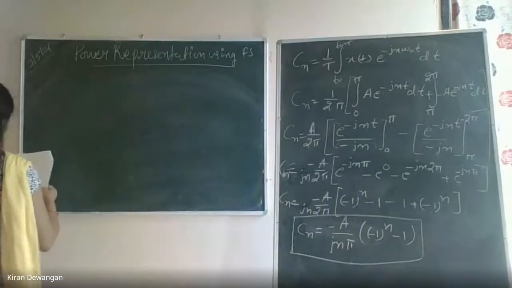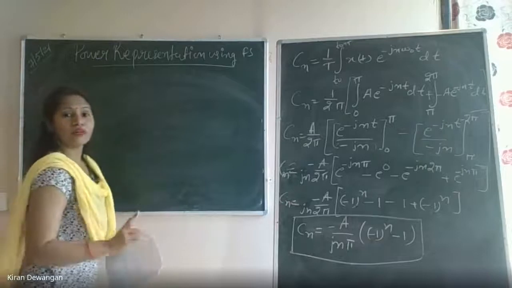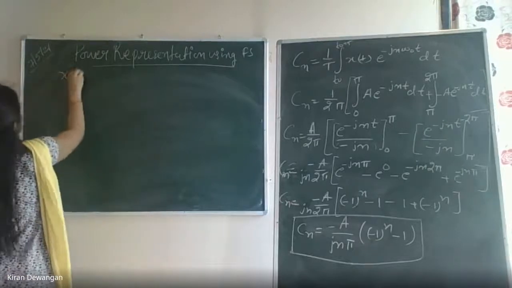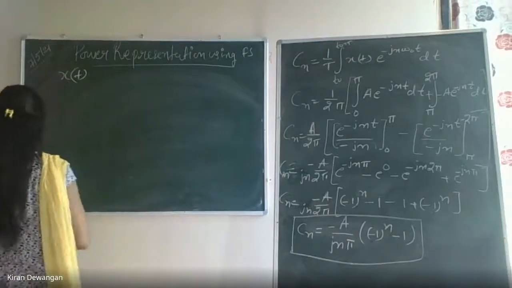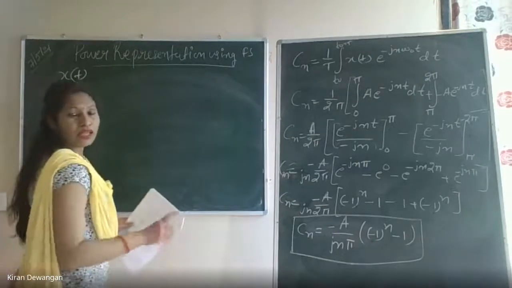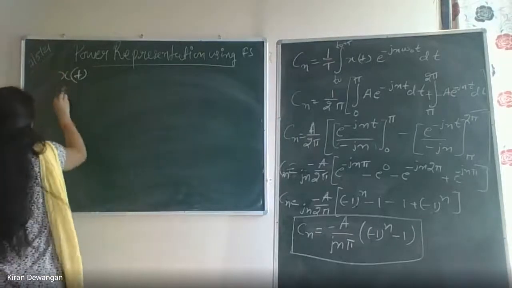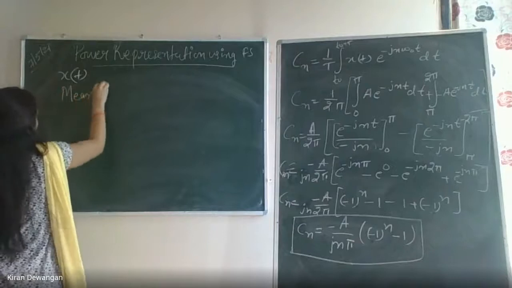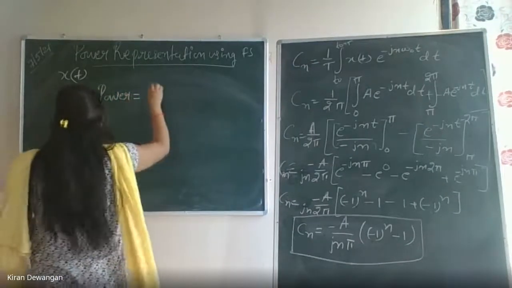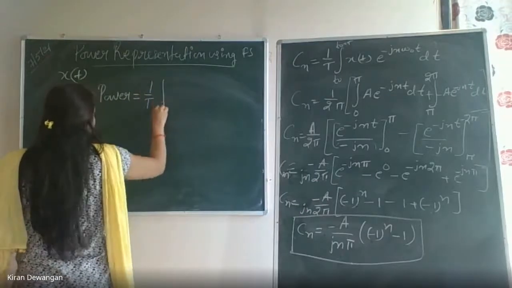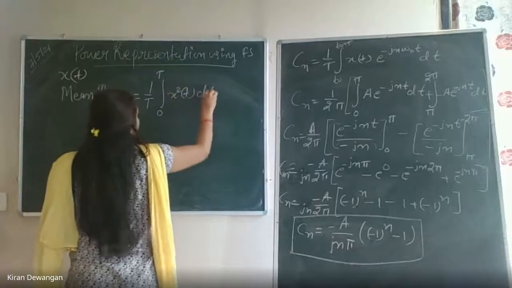Now, we already know the instantaneous power of any signal, if the signal x is given to us, and if we have to calculate the instantaneous power of that signal or the mean average power of the signal, that will be given as mean power over a period of time, it's 1 by T, 0 to T, x square t dt.